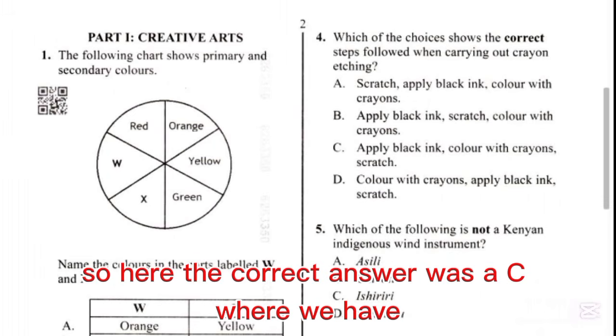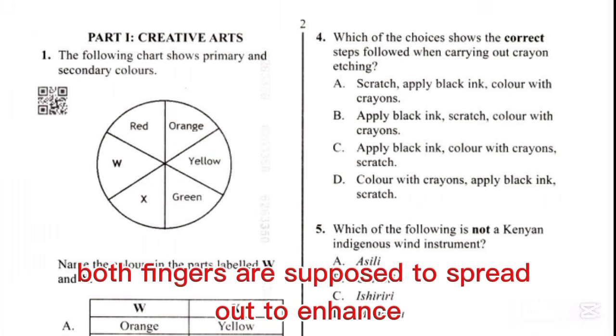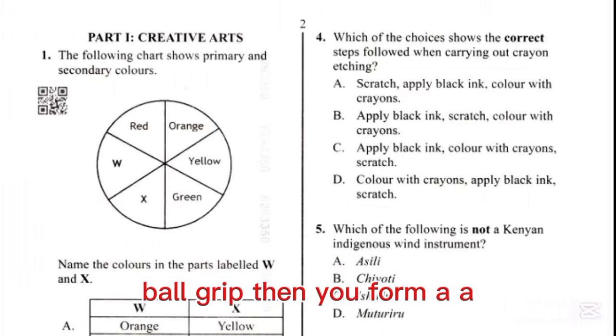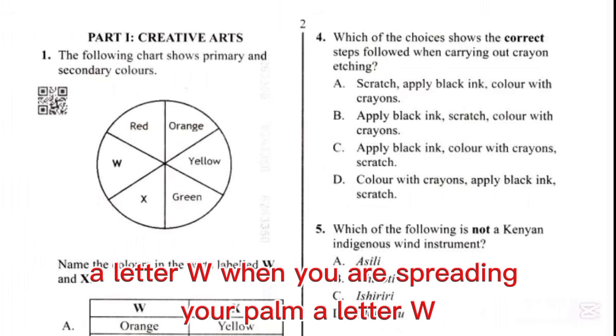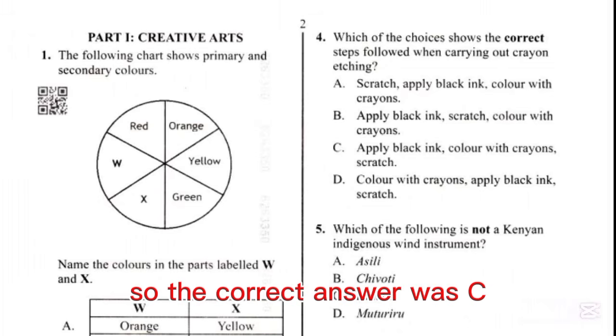So here, the correct answer was C, where both fingers are supposed to spread out to enhance ball grip. Then you form a letter W when you are spreading your palm, a letter W. So the correct answer was C.